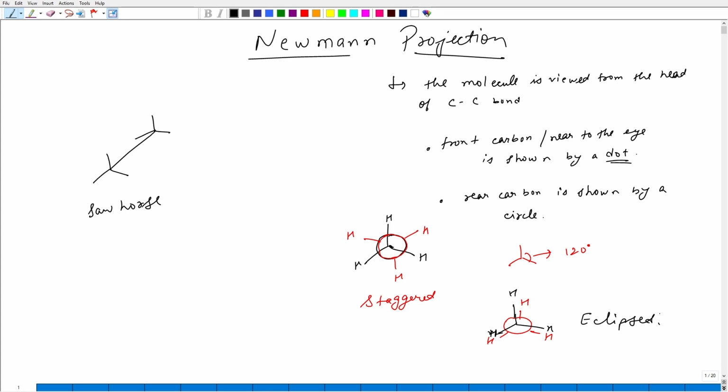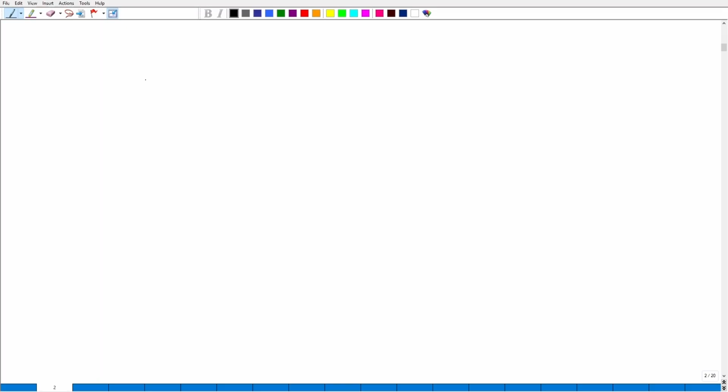Okay. So, two conformations we have seen, eclipsed and staggered. Eclipsed means the carbon-hydrogen clouds are nearer to each other, staggered means they are away from each other. So, what is the energy barrier between them, how the strain takes place, let us discuss more about that.